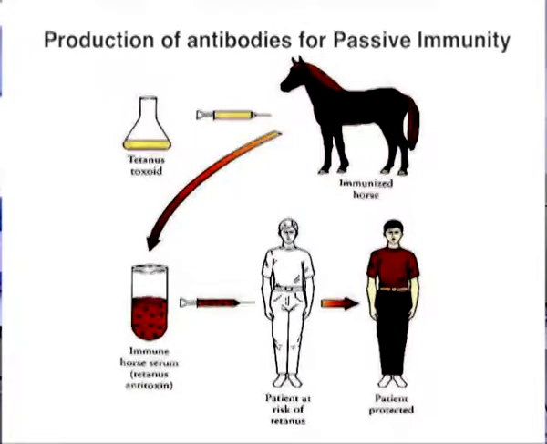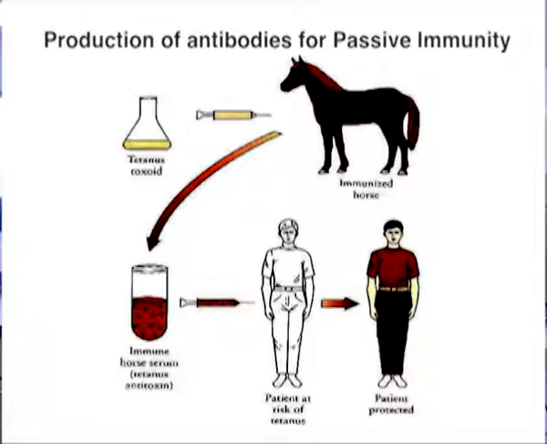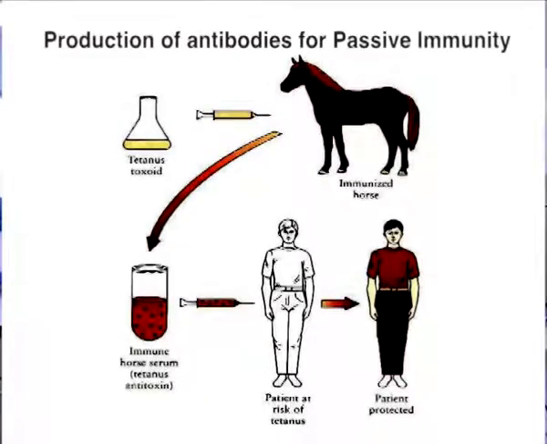Antibodies which are raised in another host by inoculating them with inactivated rabies virus or tetanus toxoid are used for immediate treatment. Antibodies are raised in horse against tetanus toxoid and used as anti-tetanus serum, ATS.